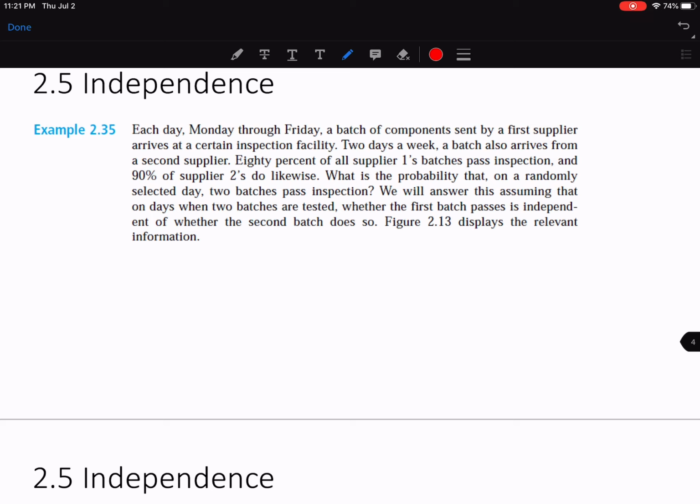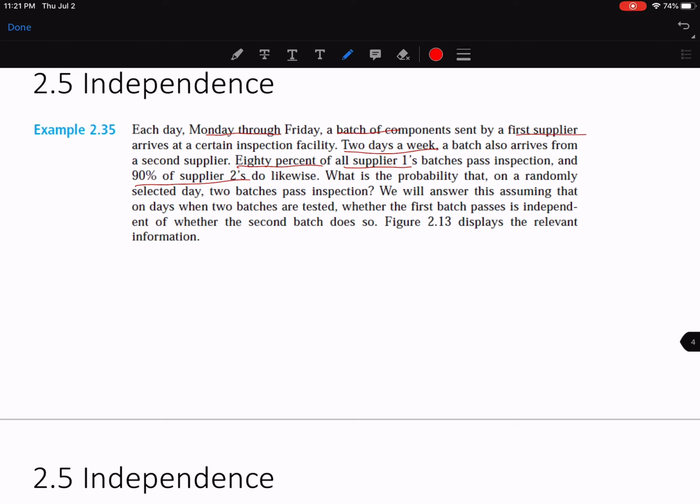This is an example from textbook 2.35. Each day, Monday through Friday, a batch of components sent by the first supplier arrives at a certain inspection facility. Two days a week, a batch also arrives from a second supplier. 80% of all supplier 1's batches pass inspection, and 90% of supplier 2's do likewise.